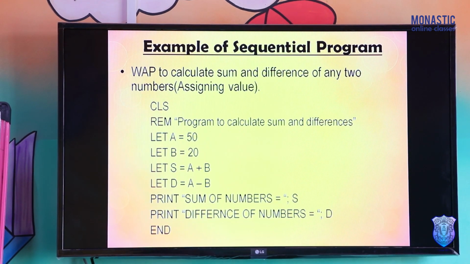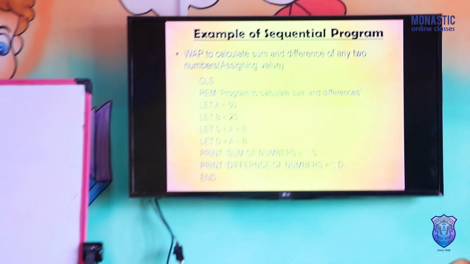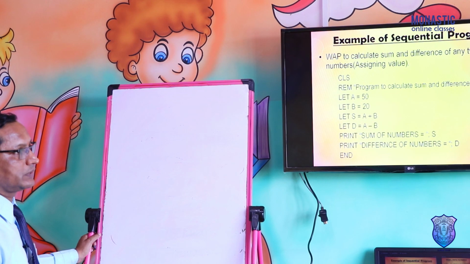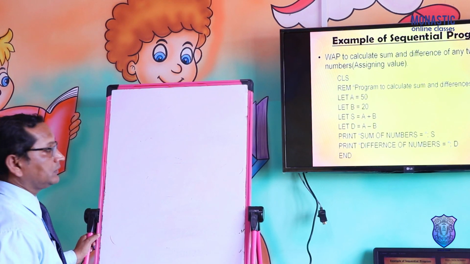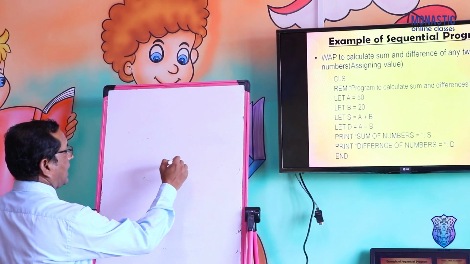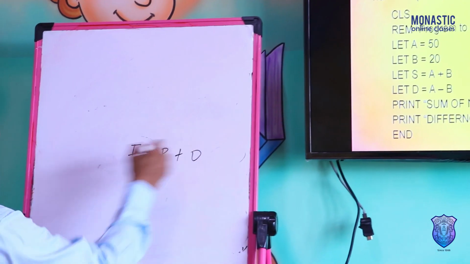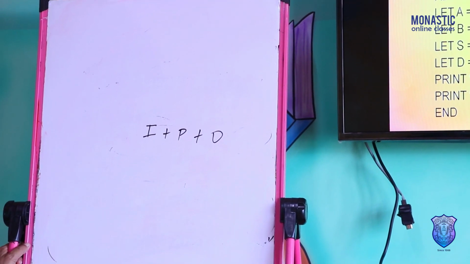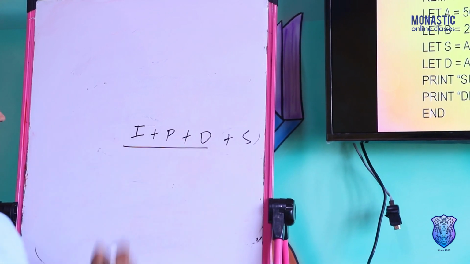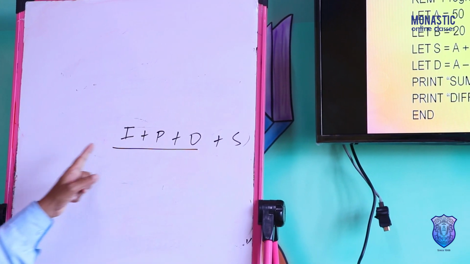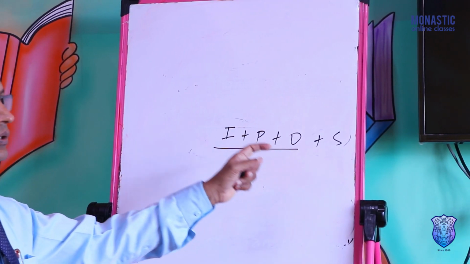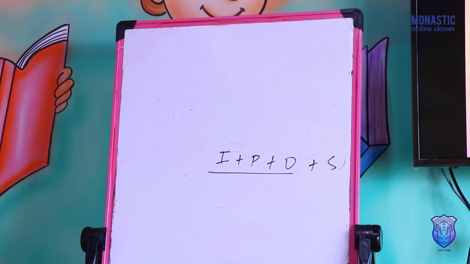Let's see. You have to follow the principle of the computer given by Charles Babbage. Charles Babbage gave three concepts: IPO. One more is storage, but it is almost always considered IPO: input, processing, output. All of you computer students have this idea.